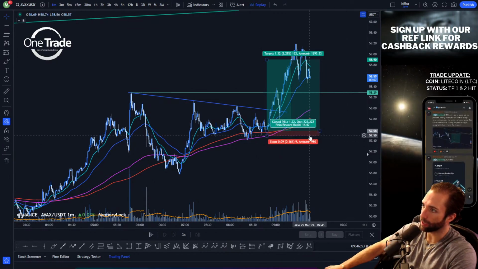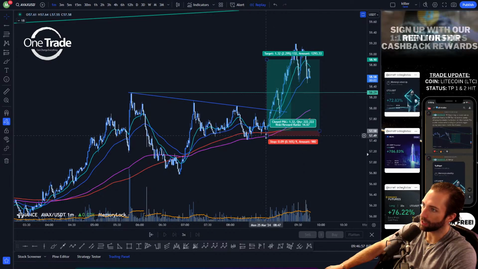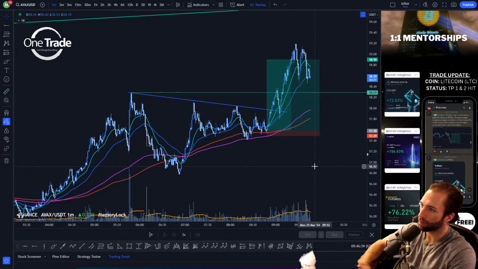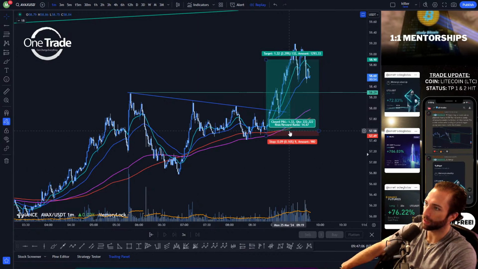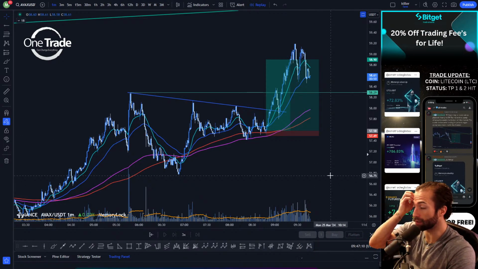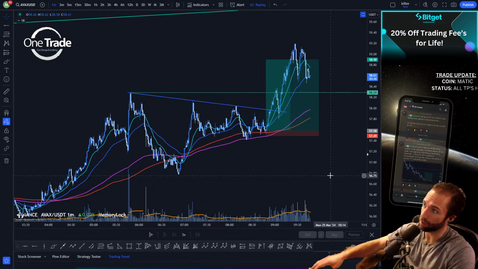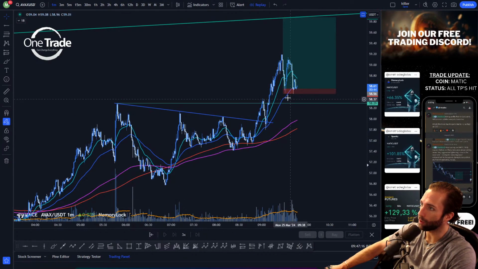For a 10 to 15 risk reward ratio trade. That's massive. If you risk $250 on that, you're going to make 2,500. It's crazy numbers, and it's not hard. It's not a hard thing to do, and again, you just keep doing it.